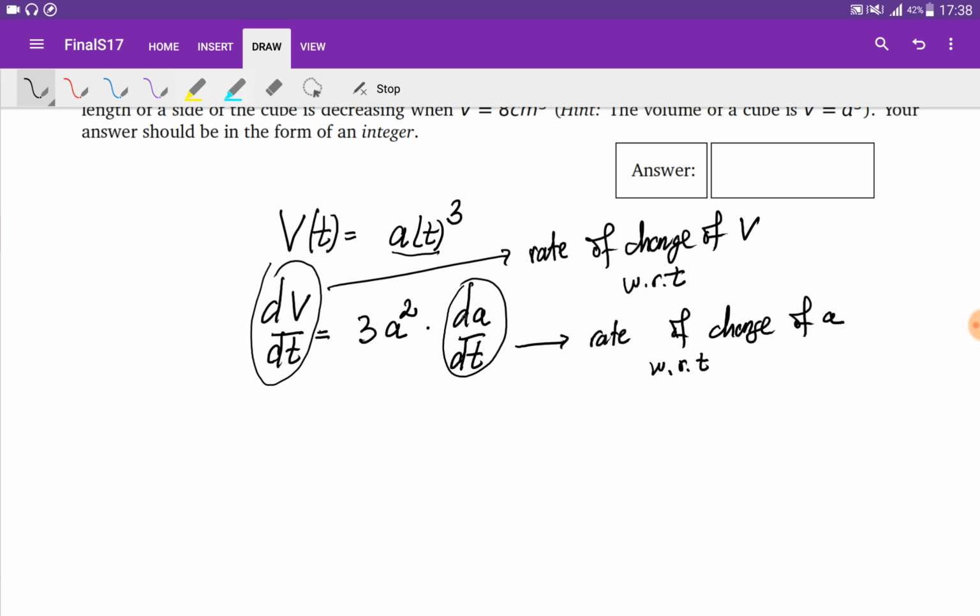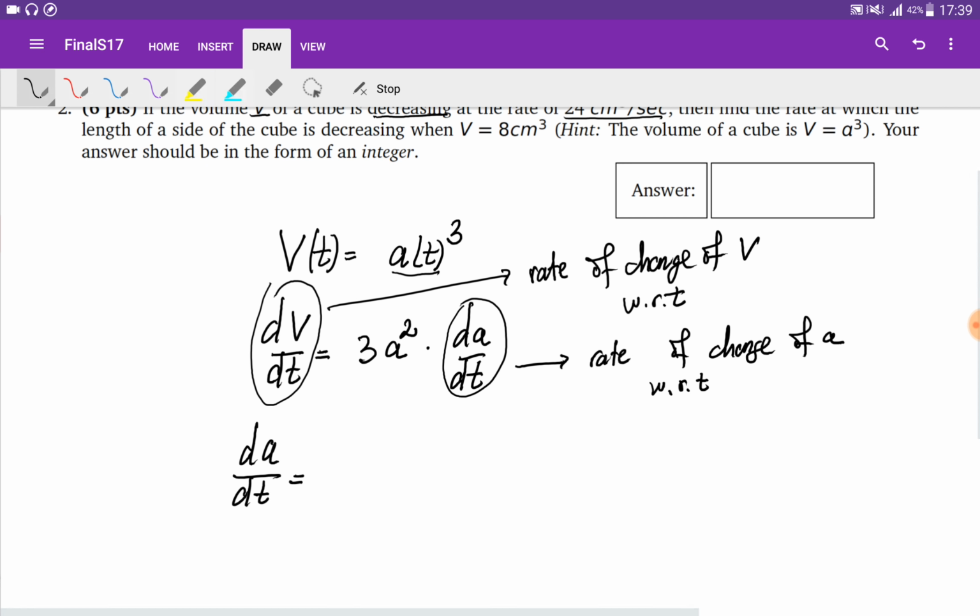So the rate of change of the side with respect to time, dA dt, would be, since this dV dt is given already, which is minus 24, minus 24 divided by 3a square, or minus 8 divided by a square.